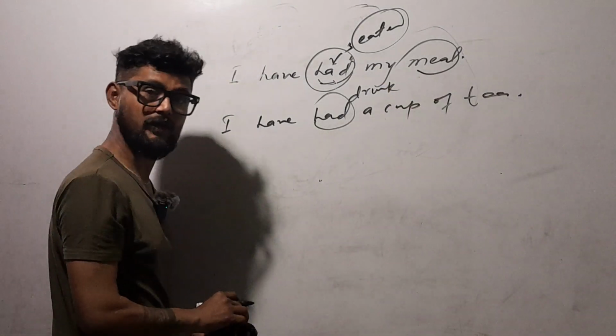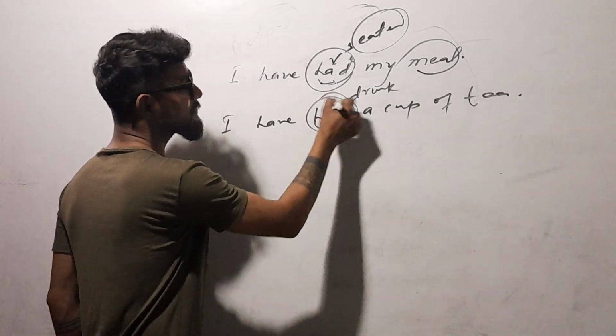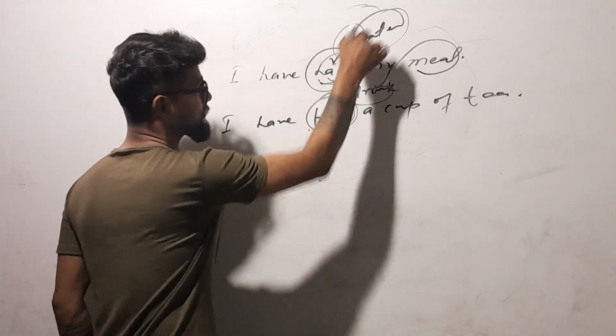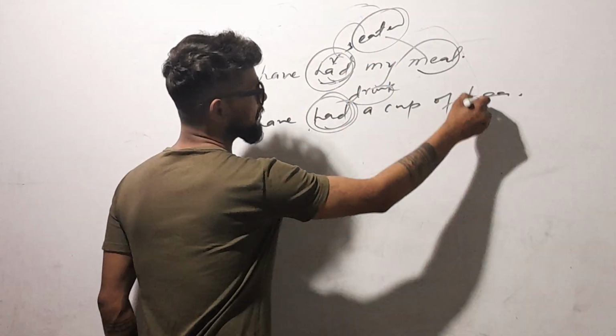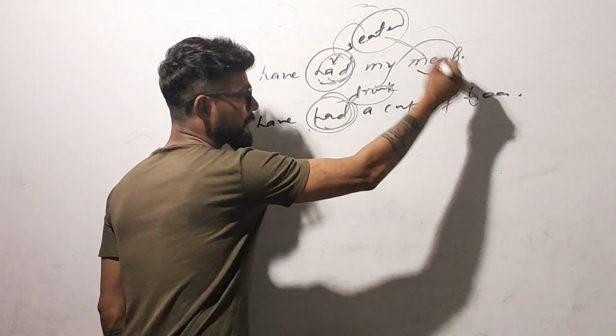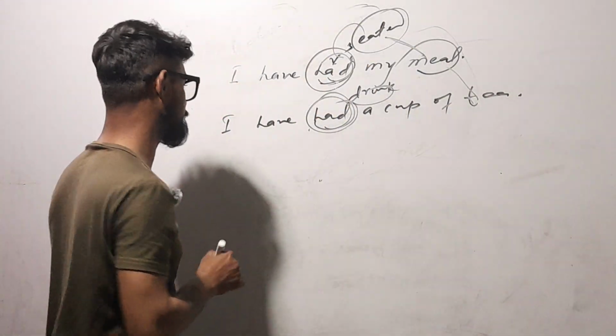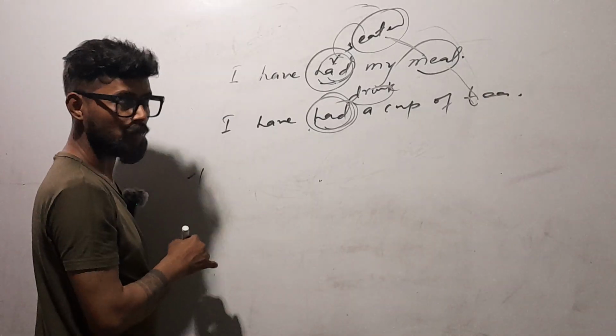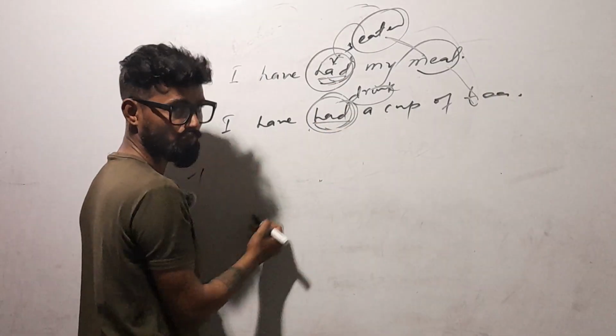Remember this. Okay. It is considered as drunk and it is considered as eaten because of meal and because of tea. Because of solid and because of liquid. Remember this. So, what is this? This is verb 3.